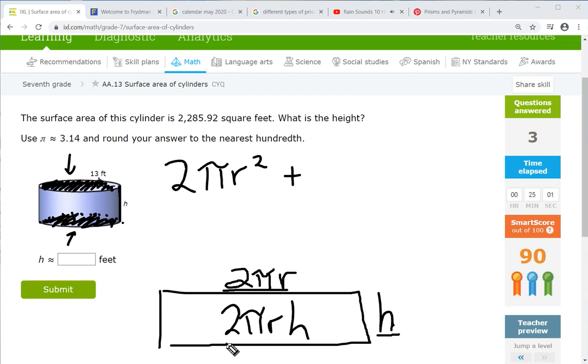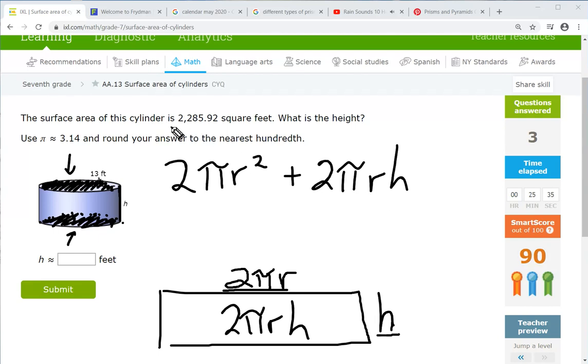Now we're going to take this and put it into the formula that we are creating for the total surface area of the cylinder. So we already have the two bases with the 2 pi r squared. Now we're going to add 2 pi r h, and this expression that we have now represents the full surface area of the cylinder.